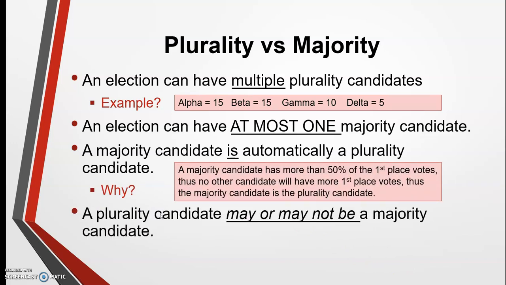And a plurality candidate may or may not be a majority candidate, because remember we saw in our previous example where there were a couple of different candidates who had the most first place votes and that made them plurality candidates. However, they did not have enough first place votes to be a majority candidate.